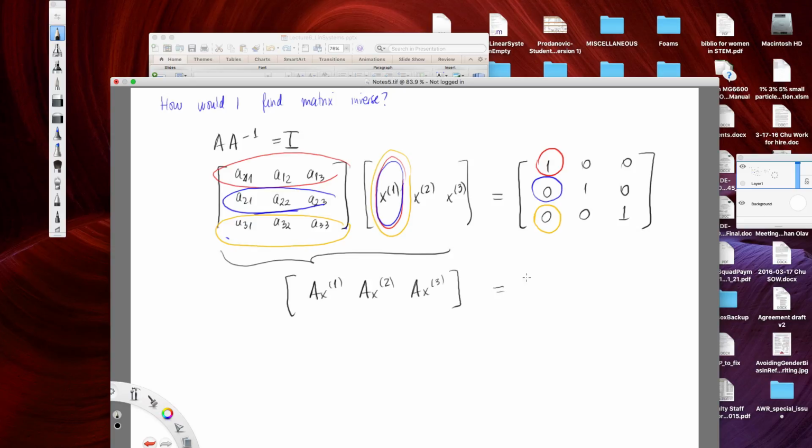So essentially, to find this matrix A inverse, which I represented here by columns, I essentially have to solve three systems. A x1 is equal to this first column. A x2 is equal to the second column. And A x3 is equal to this third column. So I need to solve three systems in order to find the columns of A inverse.